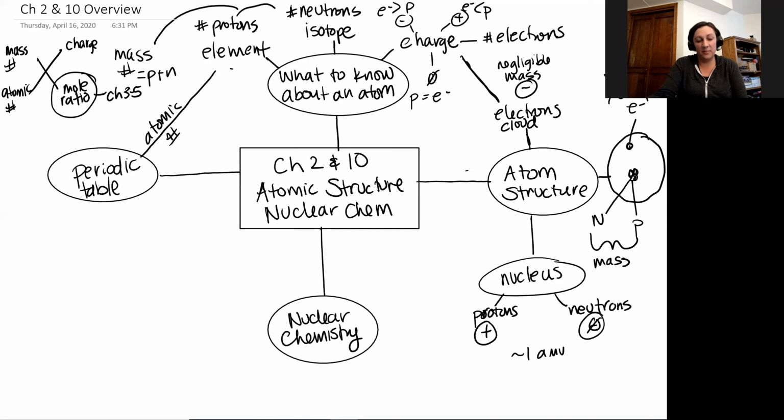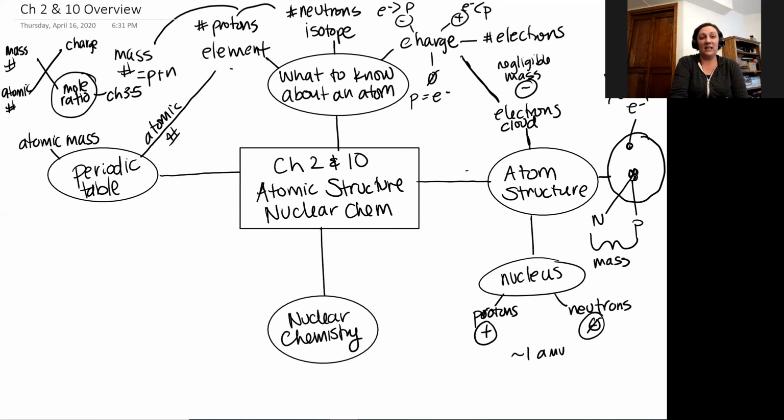Looking at the periodic table, we should be able to take that atomic number and determine what the element is. The other thing that we'll know from the periodic table is the atomic mass. This will be a number that typically has a decimal place, unless it's very large and unstable. This is the actual weight of a sample of atoms, like an average weight.